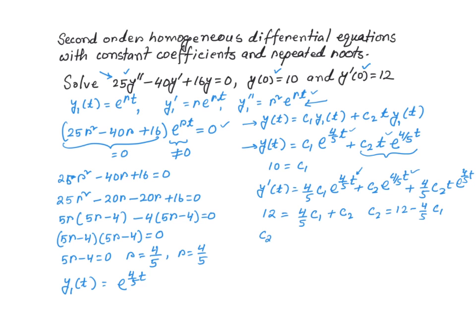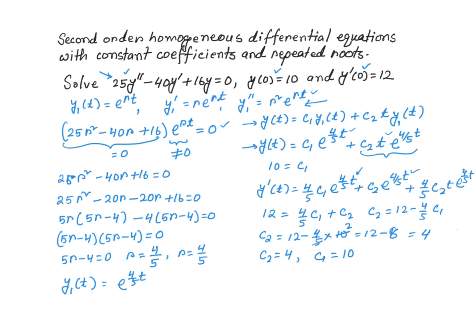What is my c1? 10. So that's 12 minus, 5 goes into 10 twice, 2 times 4 is 8. So that's going to give me c2 is equal to 4. So my c2 is equal to 4 and my c1 is equal to 10.